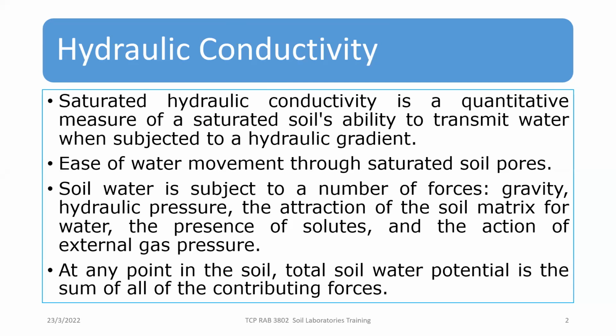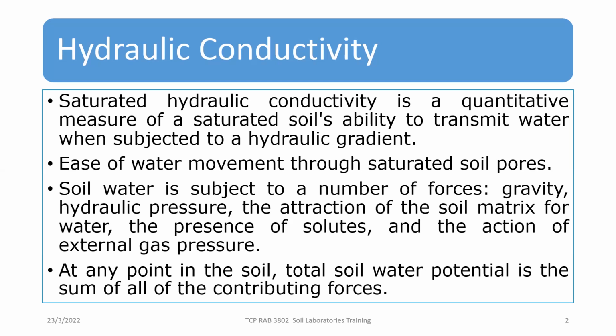We mean that if you have a soil and you have water upon its surface, this will provide a hydraulic gradient, so that the water can be transmitted through the soil.